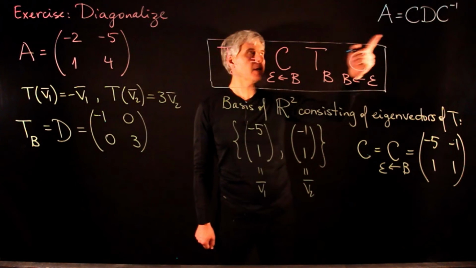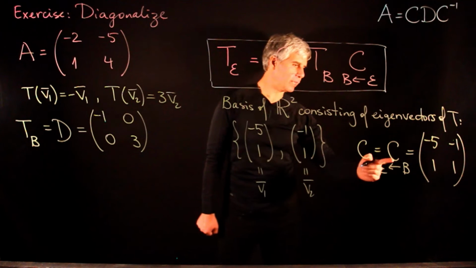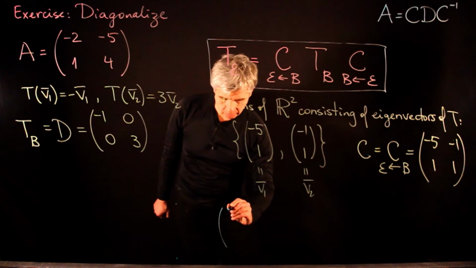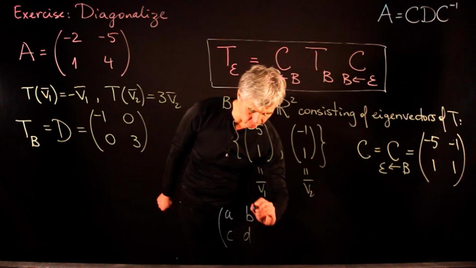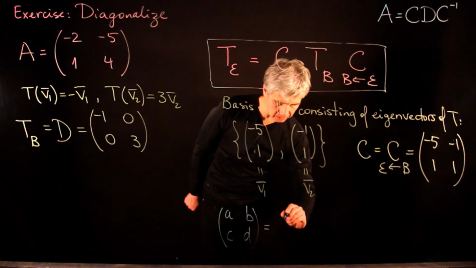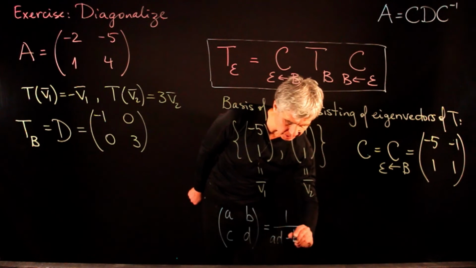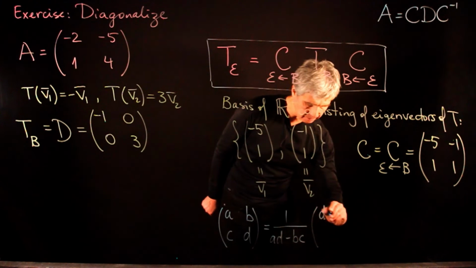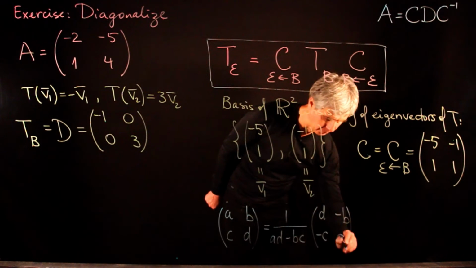Now let us verify this formula. So here we need to calculate the inverse of the matrix C. So for 2 by 2 invertible matrices, we have this formula. The inverse of the matrix a, b, c, d is equal to 1 over the determinant ad minus bc times the matrix d, minus b, minus c, a.